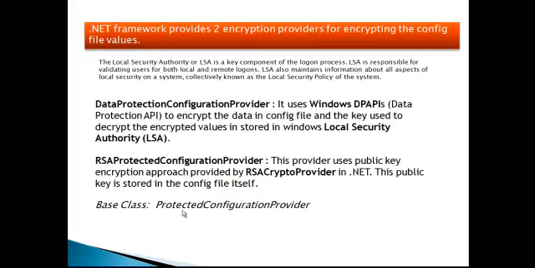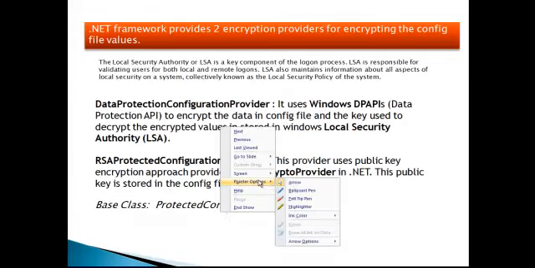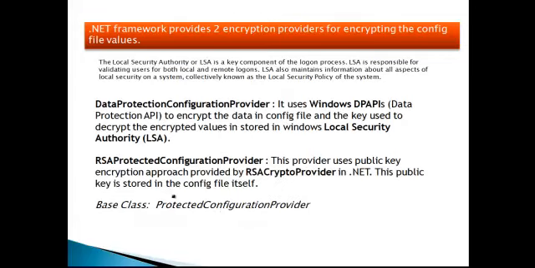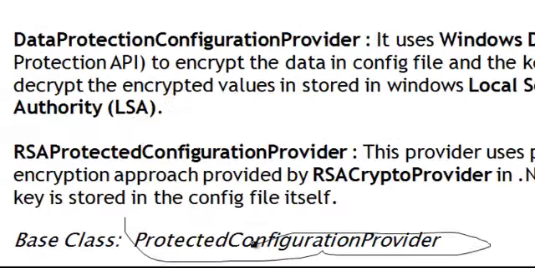The RSA crypto provider comes with .NET, and both these providers use the same base class, which is ProtectedConfigurationProvider. Let me just highlight this one. Here is the base class for all these providers.